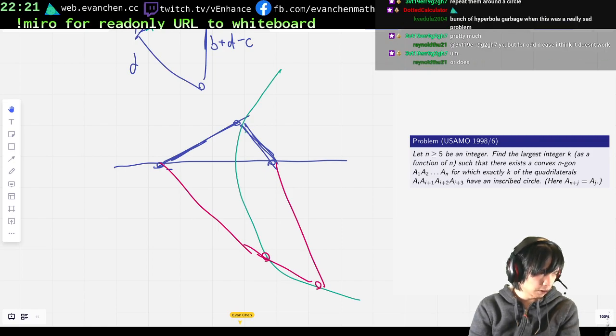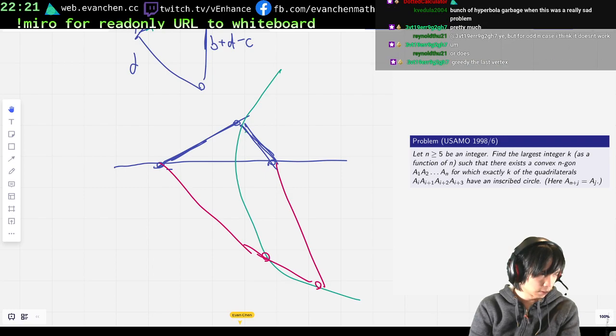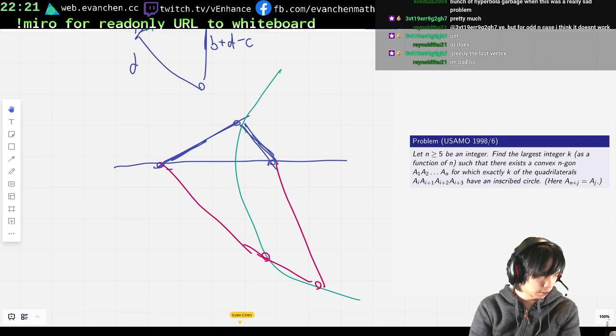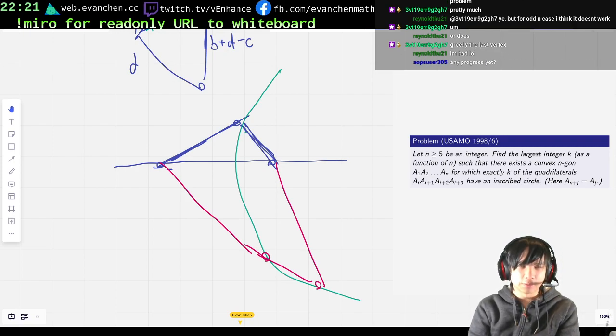Odd n case should be the easy case, actually, I think. It's probably easiest if you make them cyclic or something.